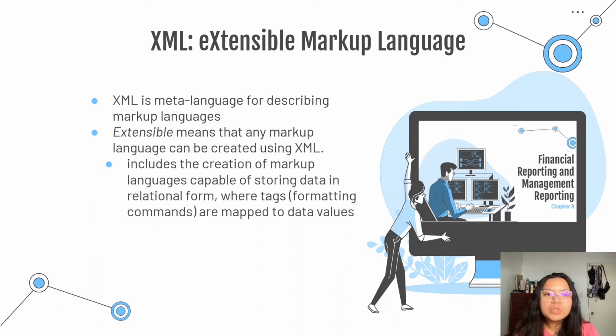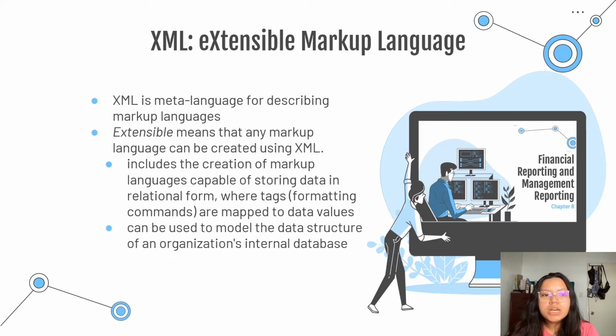This includes the creation of markup language capable of storing data in relational form wherein tags are mapped to the data values. Thus, XML can be used to model the data structure of an organization's internal database. Itong XML is used for data structuring of the organization. However, yung HTML naman is for the formats.